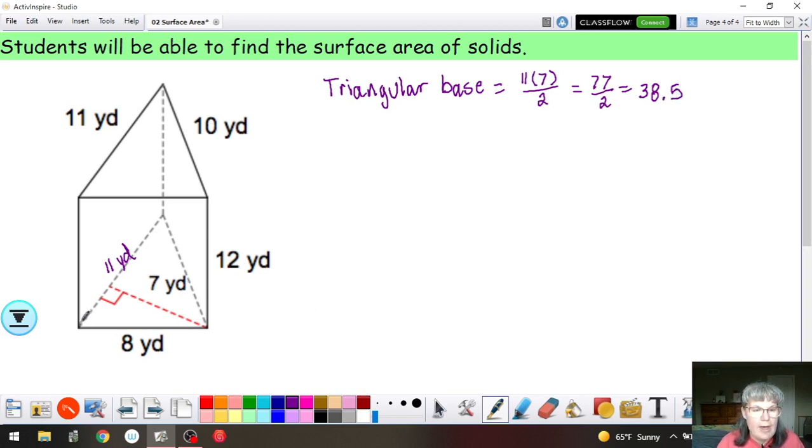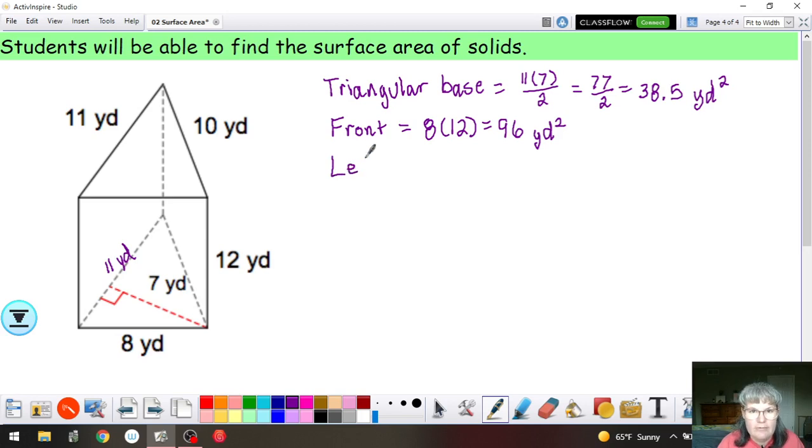We're going to have 3 different rectangles. So I'm going to say the front is 8 by 12, so 8 times 12 is 96, and these are all square yards. Anytime you have area, it's square units.